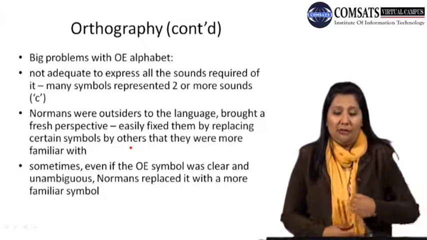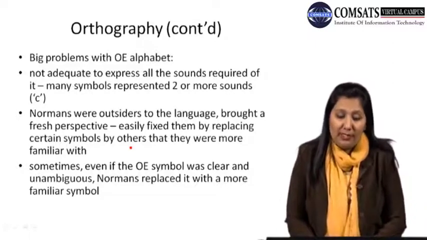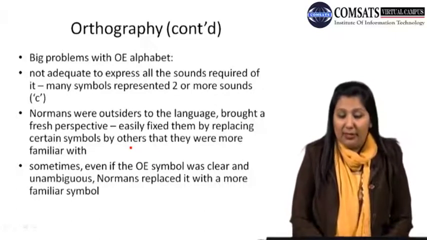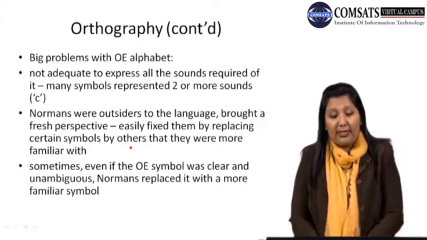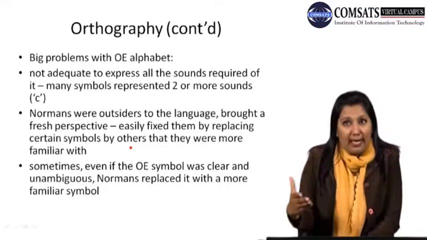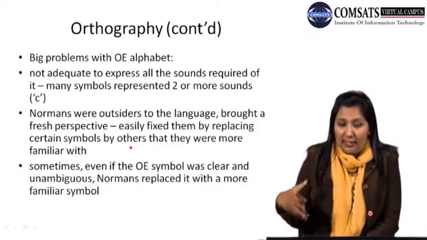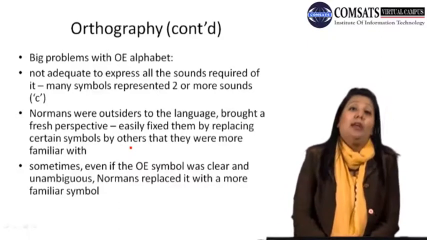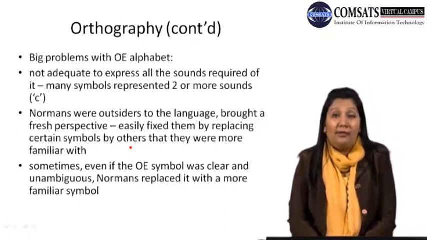Sometimes, even if the Old English symbol was clear and unambiguous, the Normans replaced it with a more familiar symbol. Although it used to be clear, they still replaced it with their own symbol because they were more familiar with it.